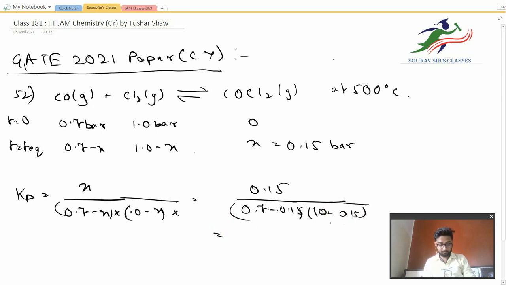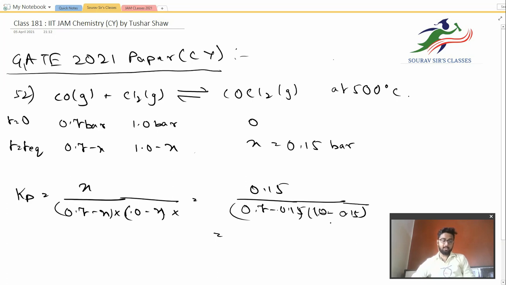So we have 0.15 divided by 0.7 minus 0.15 divided by 1 minus 0.15.